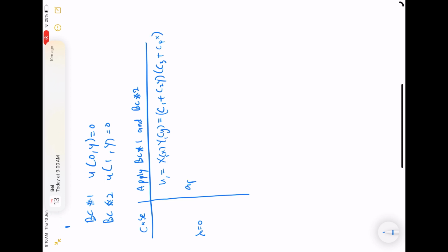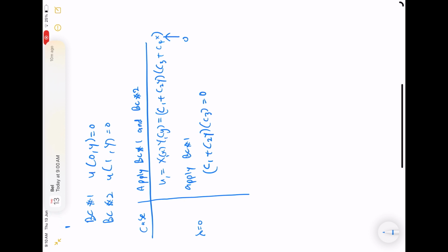So now we apply boundary condition number 1, where the value of x is equal to 0. So we have c1 plus c2y, and then c4 multiplied by 0 gives 0, so we only have c3 here equal to 0. Now we need to see who is responsible to become 0.